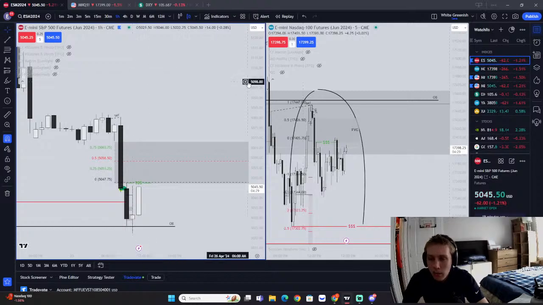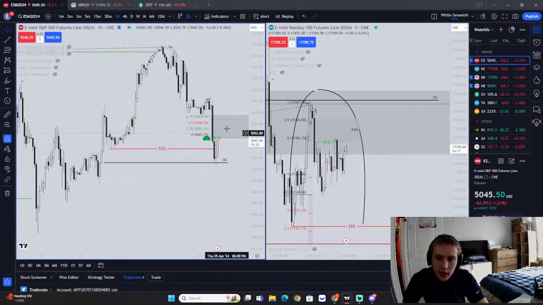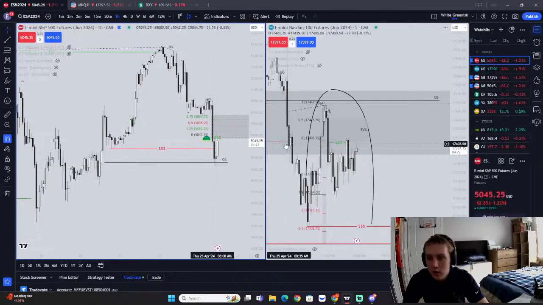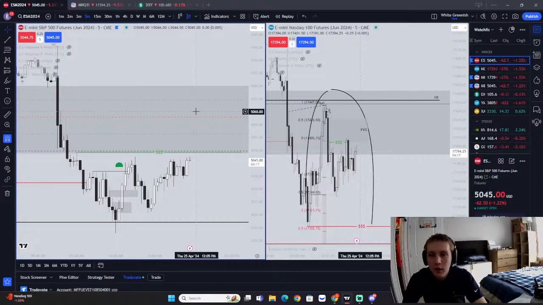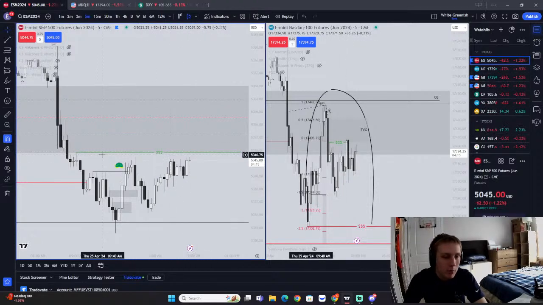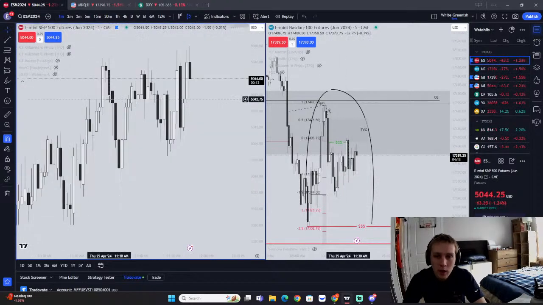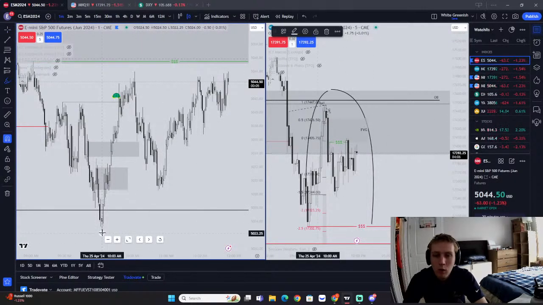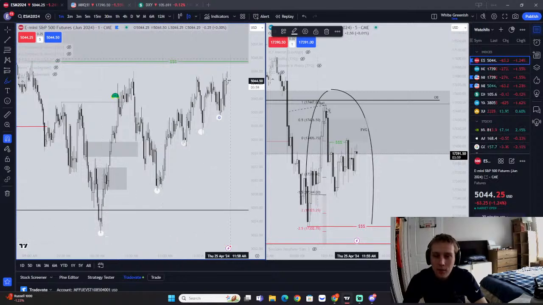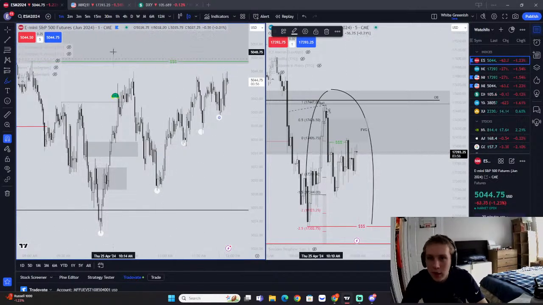So overall, ES's draw is what I didn't take into account when I entered. ES's draw is this fair value gap, most likely. Right now there's no way we don't draw within this fair value gap. No question about it. What have we been doing all within here, though? What lies here? Liquidity. So there will be some form of market maker sell model.